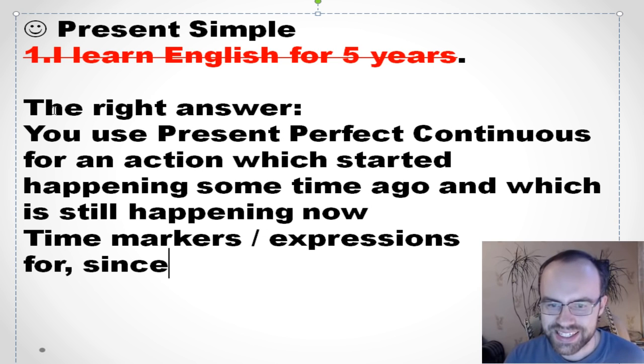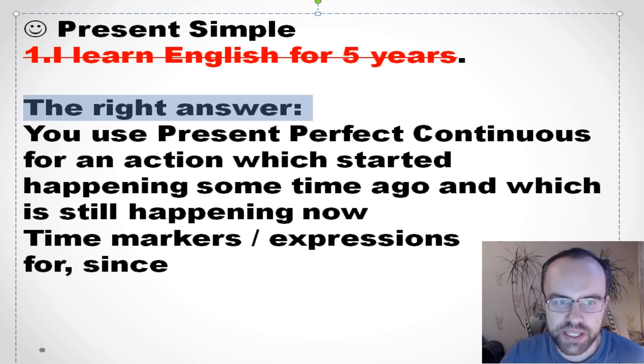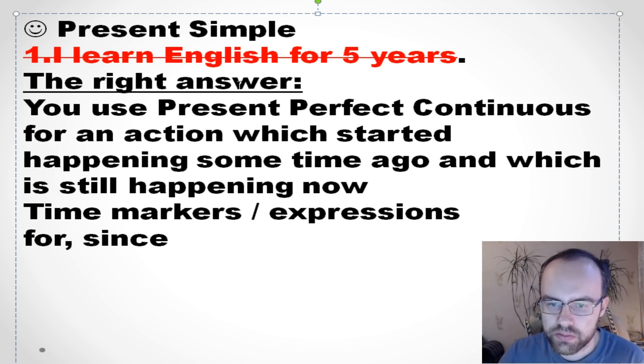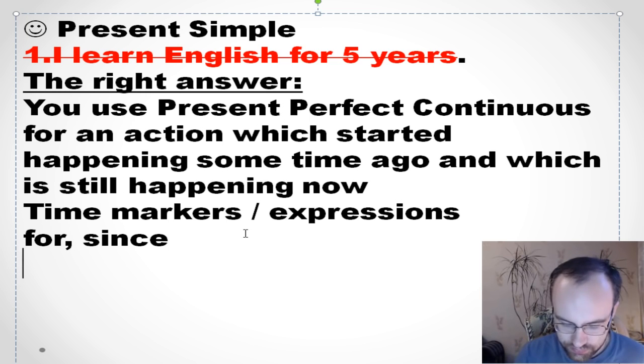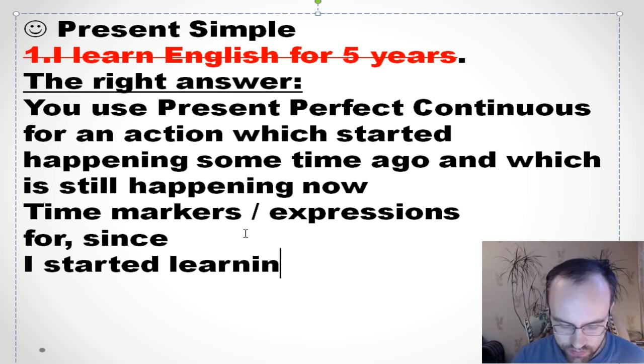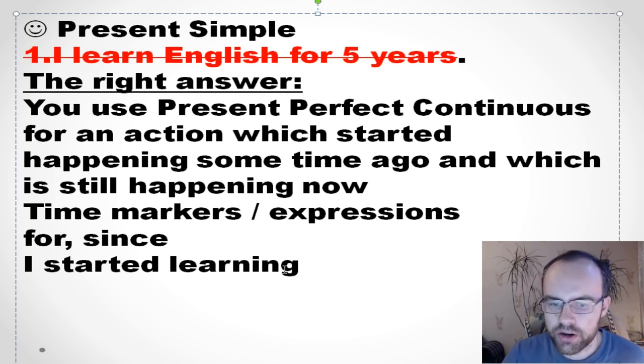So please, look at this sentence one more time. "I learn English for 5 years." So it means, yeah, I started learning English 5 years ago. So normally we say start doing something.